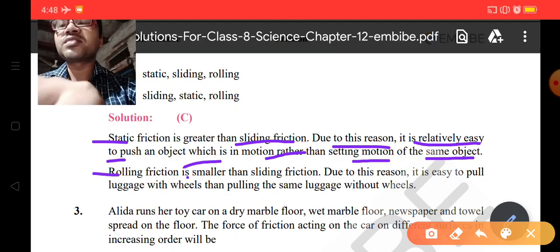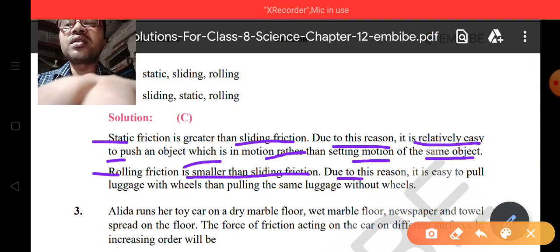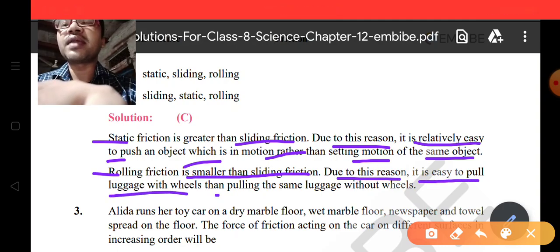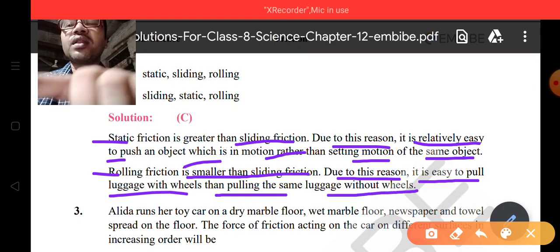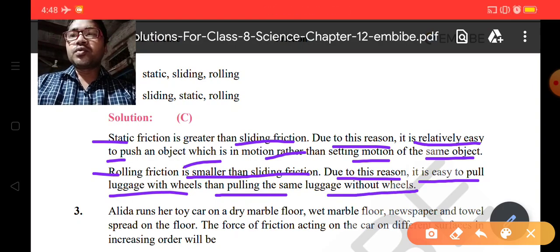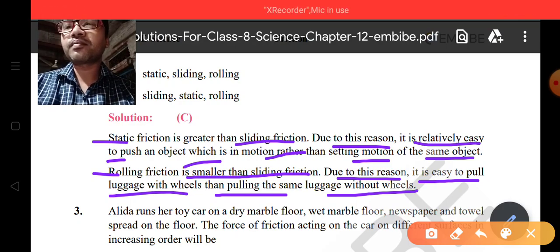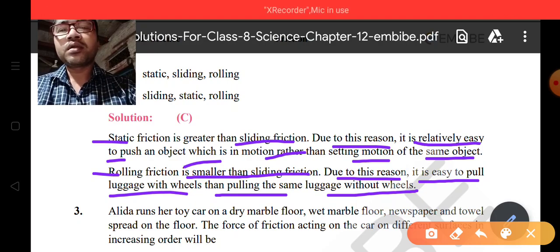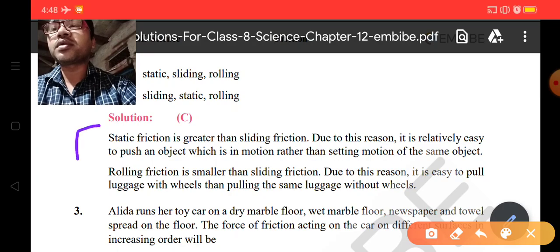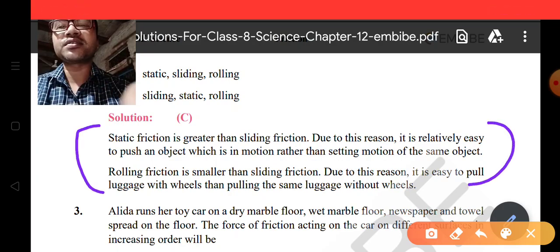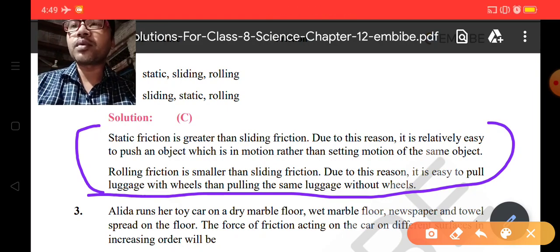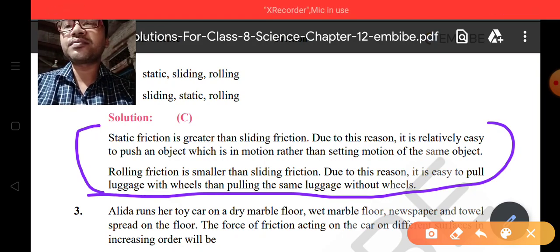Now rolling friction is smaller than the sliding friction. Due to this reason, it is easy to pull luggage with wheels than pulling the same luggage without wheels. So you can see here the answer of this question, that is option number C, and the explanation is given here. So you can write down, this is the explanation. Okay, so try to complete this answer.